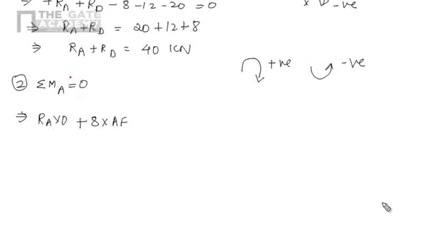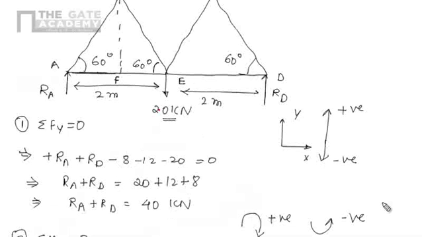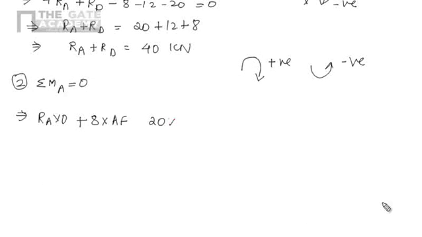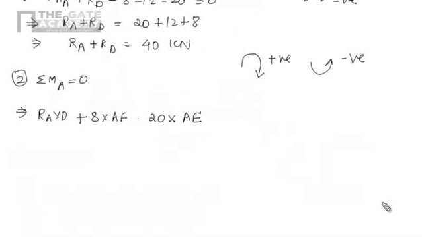So now we have 8 kilonewton, the line of action here, into perpendicular distance AF. Similarly, the moment due to 20 kilonewton is 20 into perpendicular distance AE. This is the perpendicular distance, and the nature of the moment is clockwise, so positive.